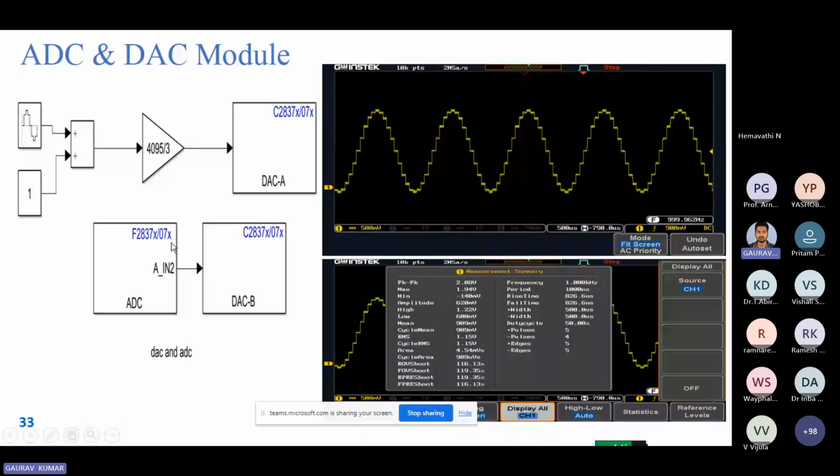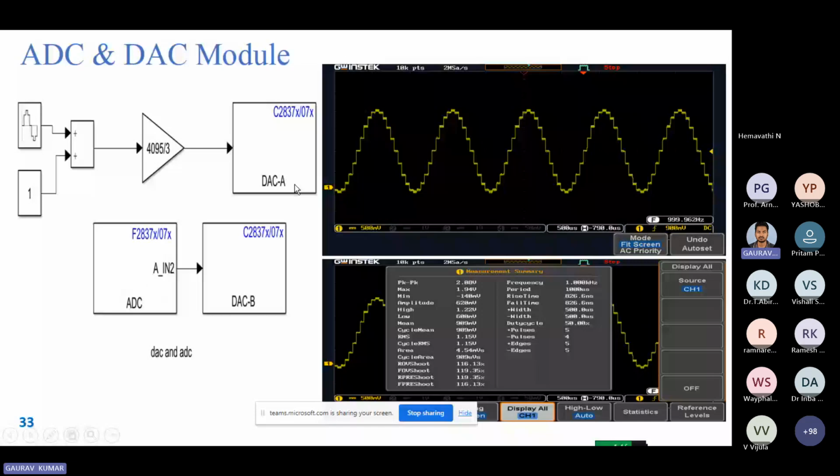So in this slide, I am generating a particular sinusoidal pulse, sensing that pulse with the help of the DAC module, and then that pulse is given to the ADC module. Hence I have given this DAC output to the ADC input. I have taken the output from pin number 30.